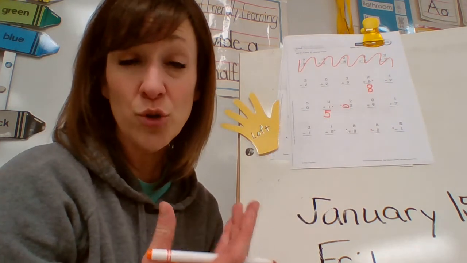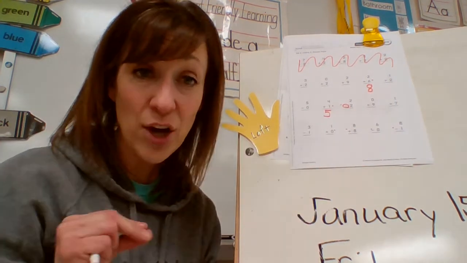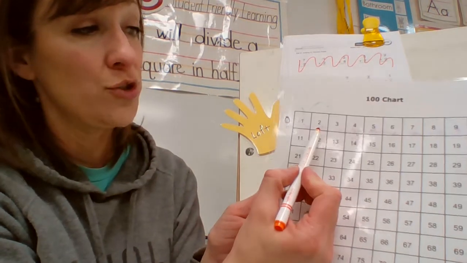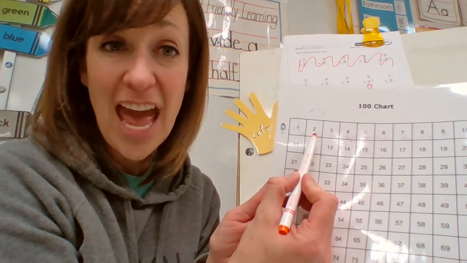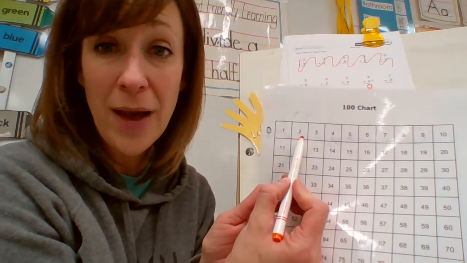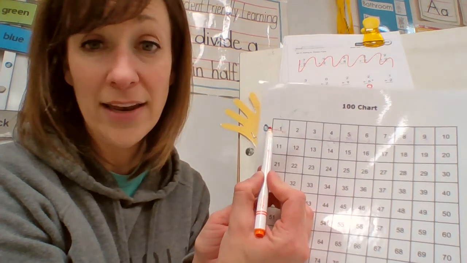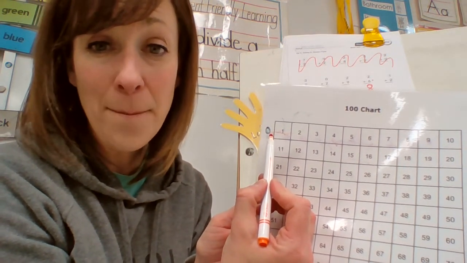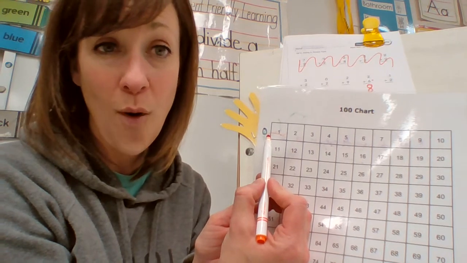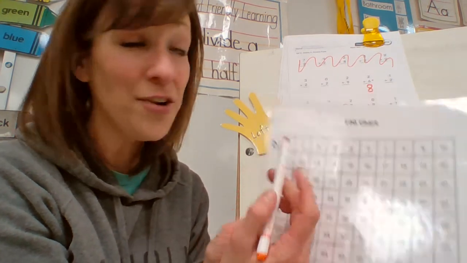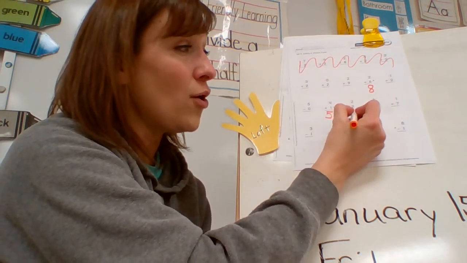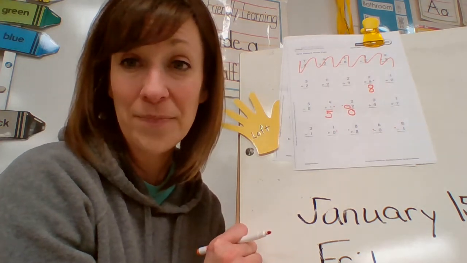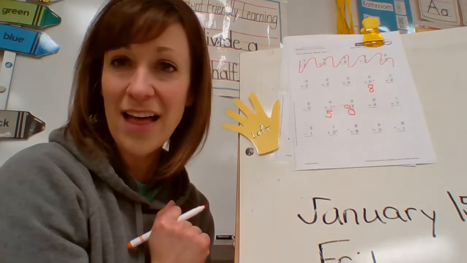This could be also said as 2 take away 2. So if you're at 2 and you have to hop back 2 spots, hop with me. 1, 2. What number comes before 1? 0. So we can put a 0 on that line. All right, we're done with that line.